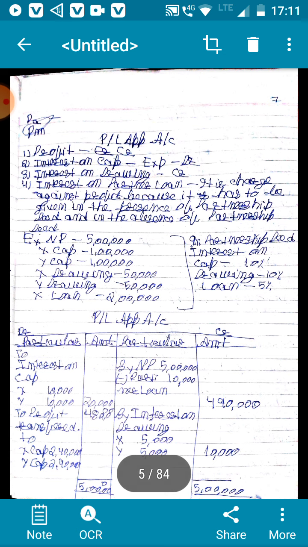And interest on loan is to be deducted from net profit, as it is a charge against profit. We have to provide interest on loan whether there is a partnership deed or in the absence of a partnership deed, because in the absence of a partnership deed, interest on loan is to be given. Therefore, it is a charge against profit.